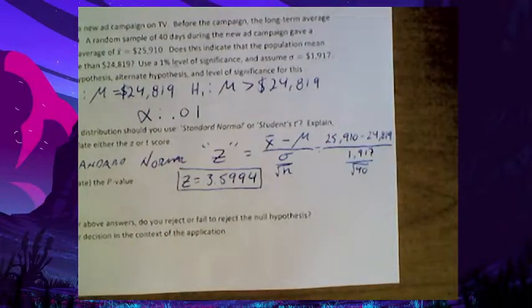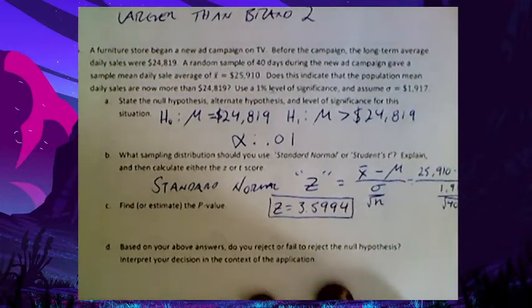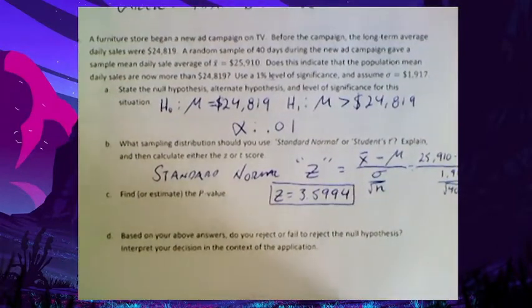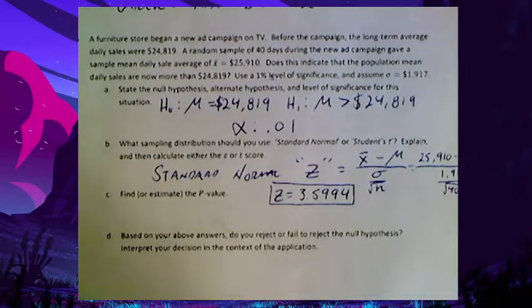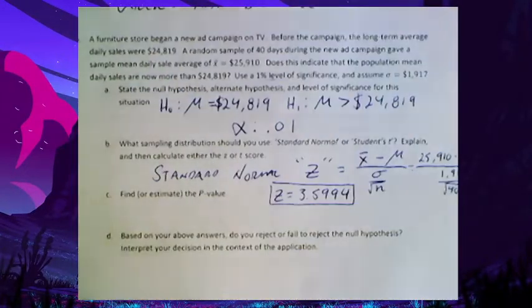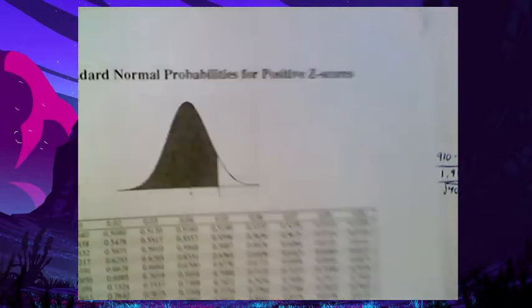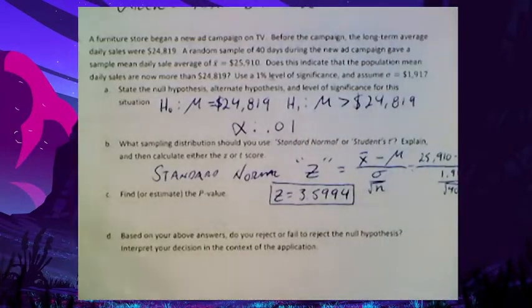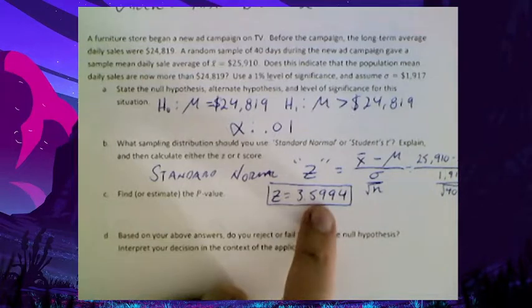All right, so now for C, we're trying to find our estimate for our p-value. For that one, I just had a z. So when I go to my chart, I don't want my t-chart, I want my z-chart. And it should be clearly labeled for us. So I have a z of 3.599.